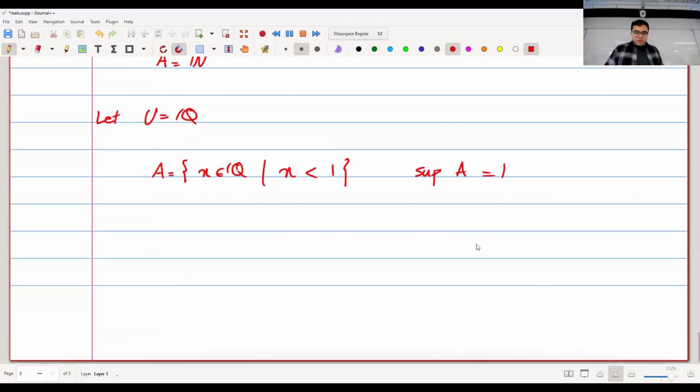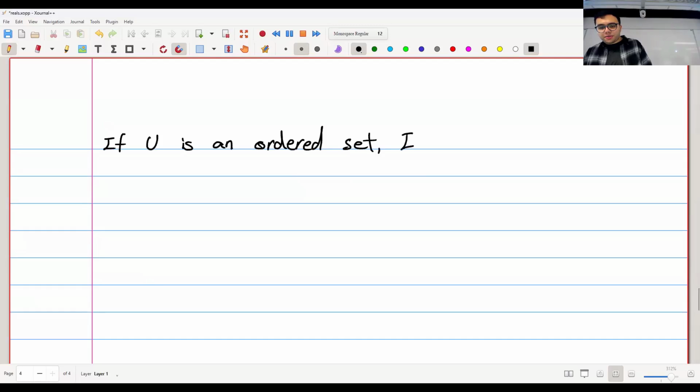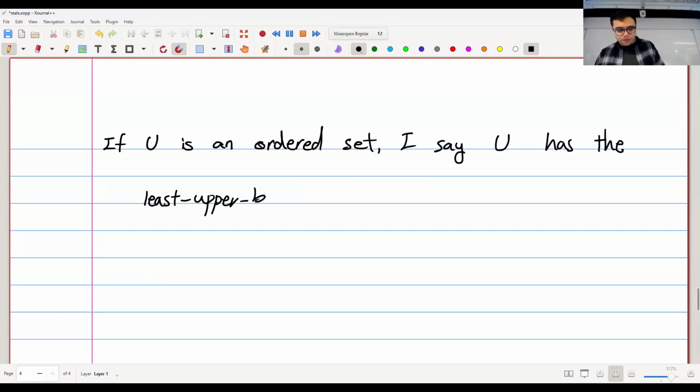So I say, if my universe is an ordered set, that U has the supremum property, or the least upper bound property, if every subset of U that has an upper bound also has a least upper bound as a supremum.